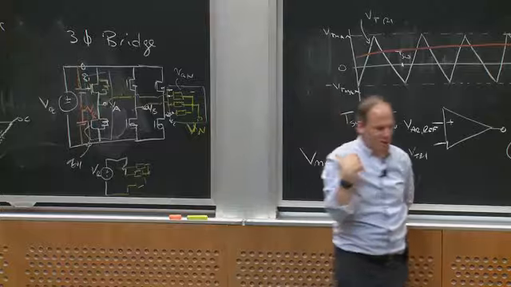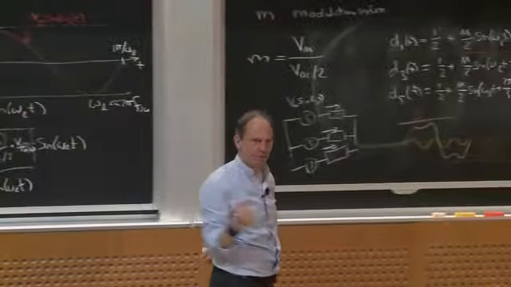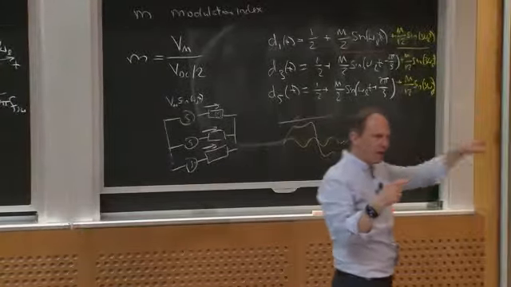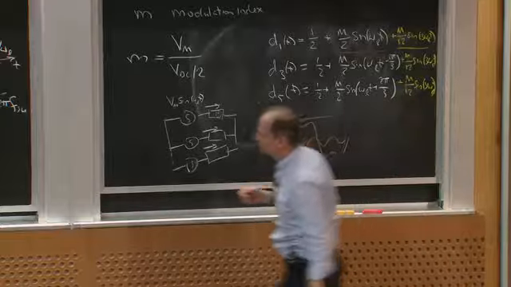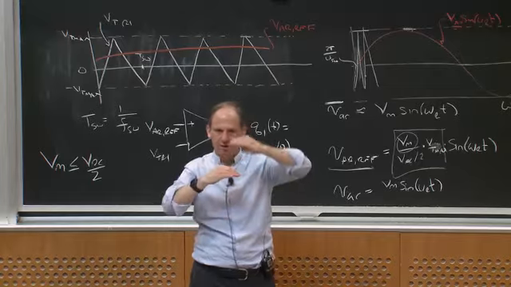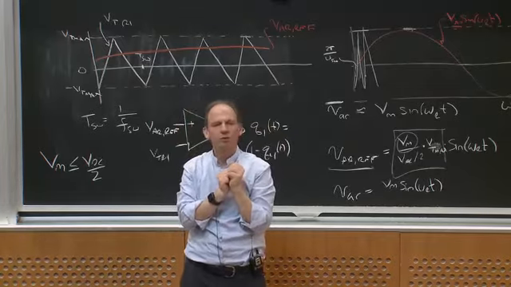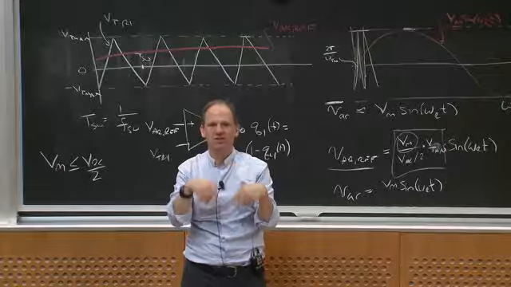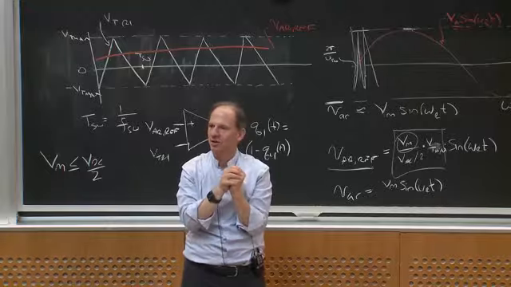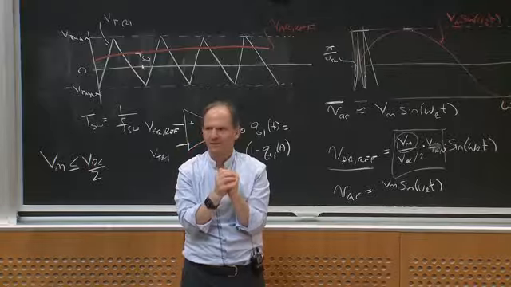So that's a technique that's sometimes called third harmonic injection PWM. You add some third harmonic onto that thing, and then you get an ability to expand your duty ratio range, or expand the fundamental voltage you can synthesize without distortion. Any questions about that? Yeah, Jack?